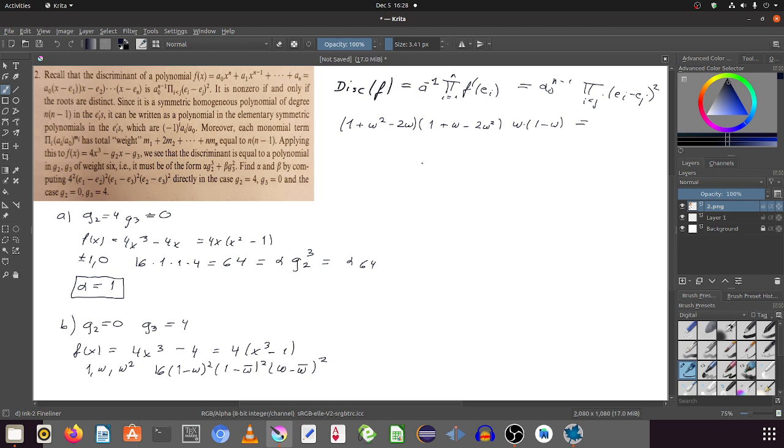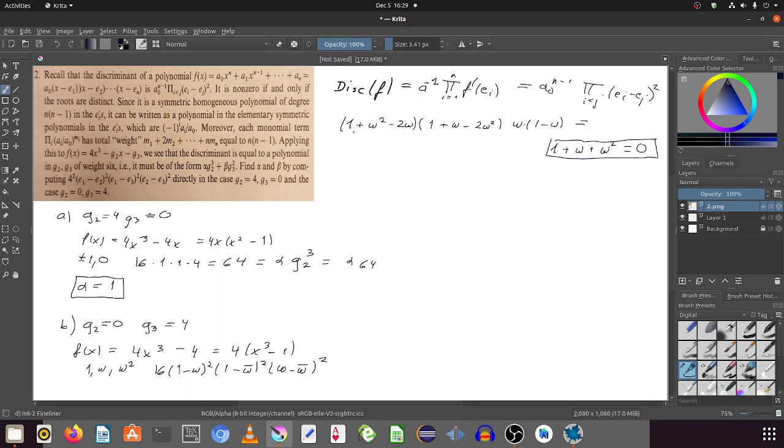We will be using 1 plus omega squared equals naught. And that's 1 plus this plus omega.